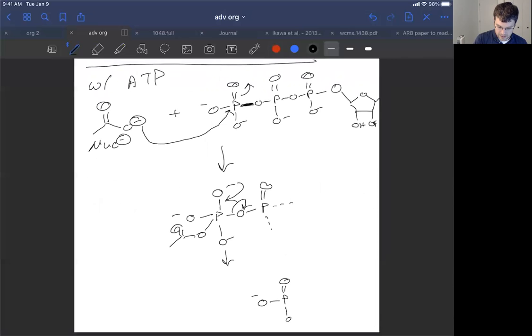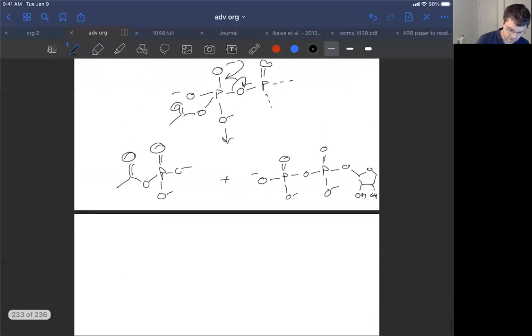to give rise to ADP, adenosine diphosphate. Why is it diphosphate? Well, it lost a phosphorus atom. What happened to that phosphorus atom? Well, it became this. What is this that I'm referring to? This is an acyl phosphate.